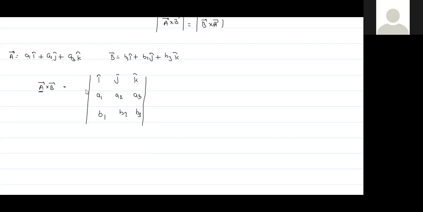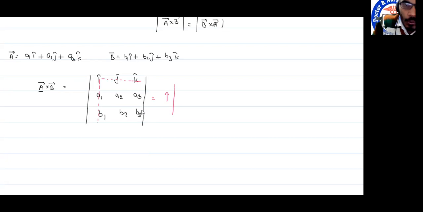Now what we have to do, first you have to write i. If you delete this row and this column, you can see only these four elements: A2, A3, B2, B3. In the same manner, for minus j cap, delete this column and this row.